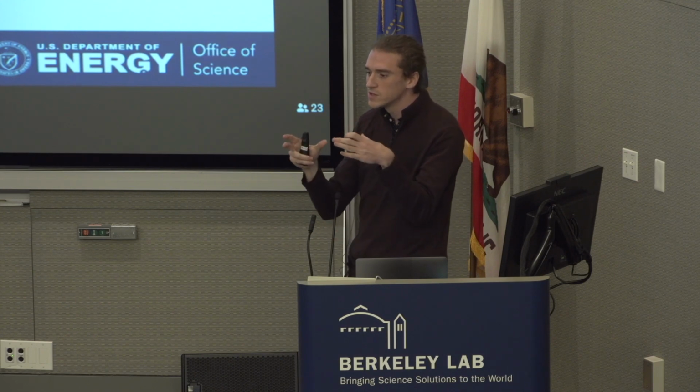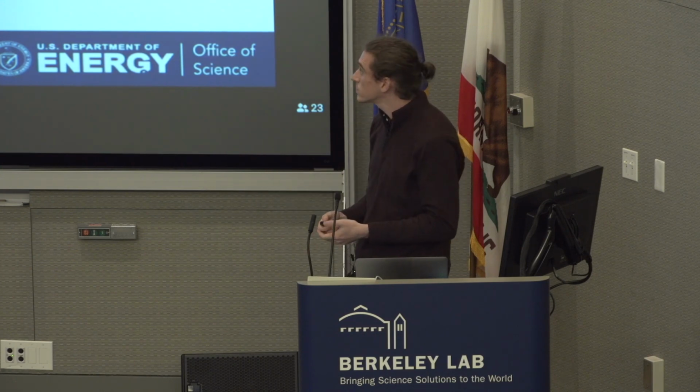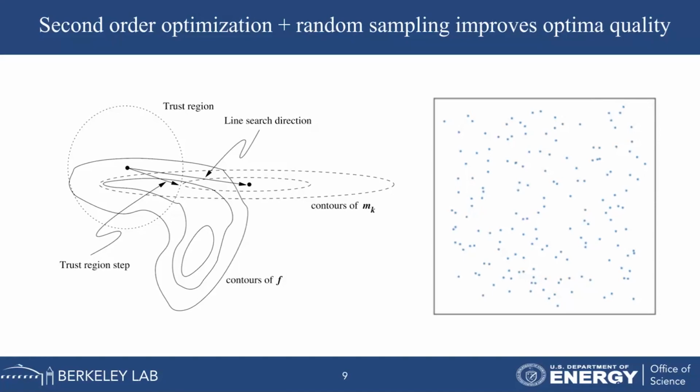So you compute it only when you're outside the region where that approximation is good. The random sampling is important here because you need a lot of different initializations to handle the problem of spurious local optima.